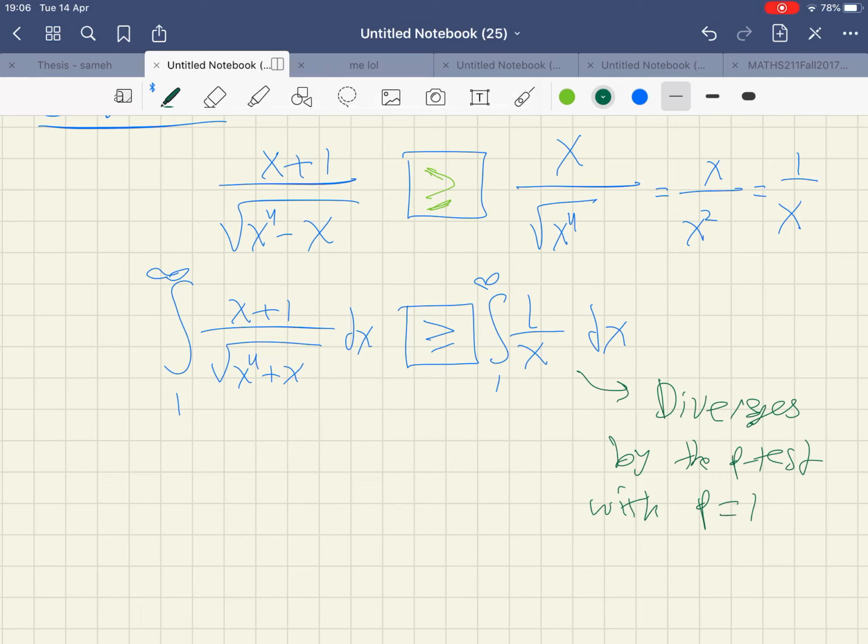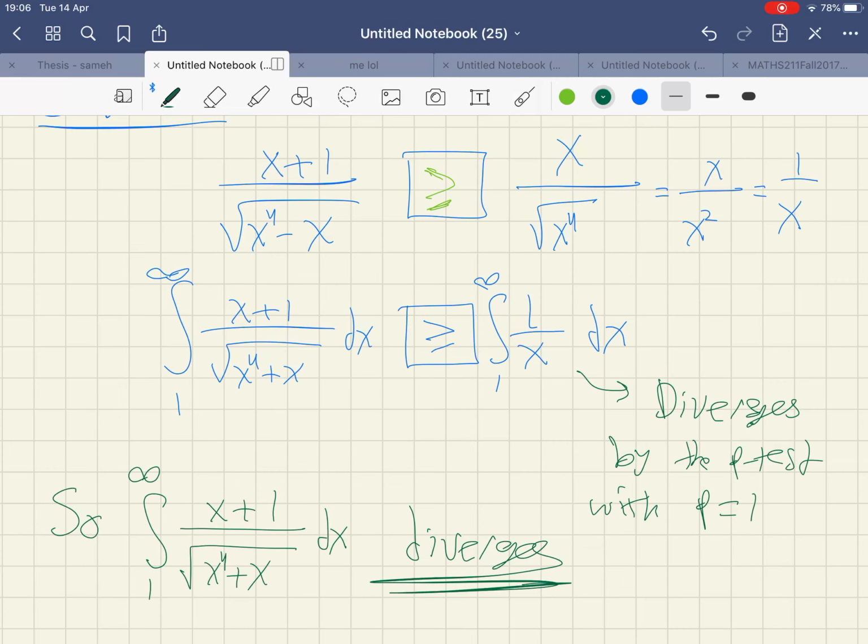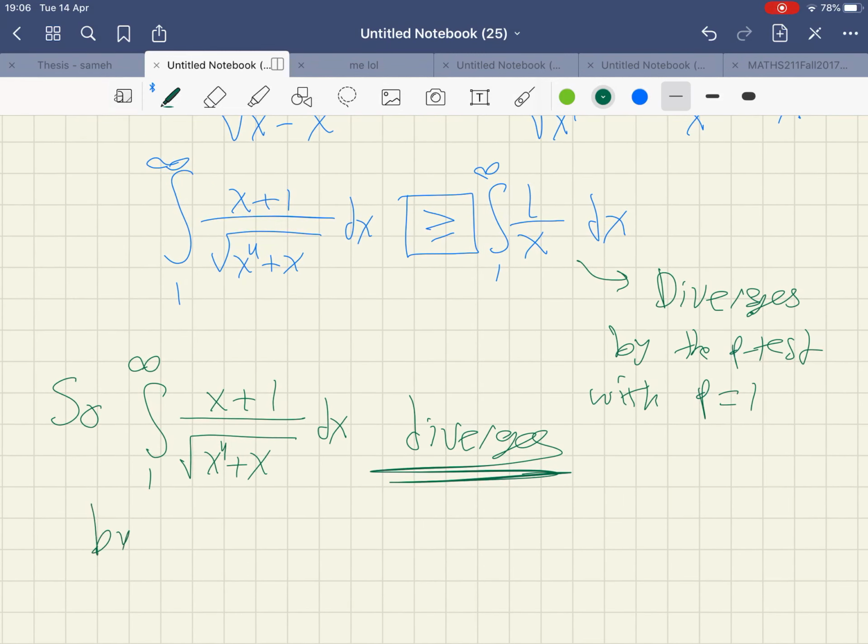Now this is the small one, you can imagine this is smaller than this. Now if the small one diverges, then the large one diverges. And the reason is by the comparison test.